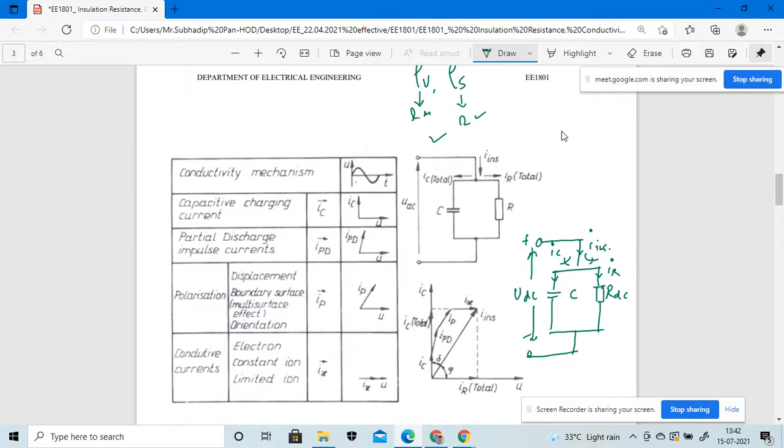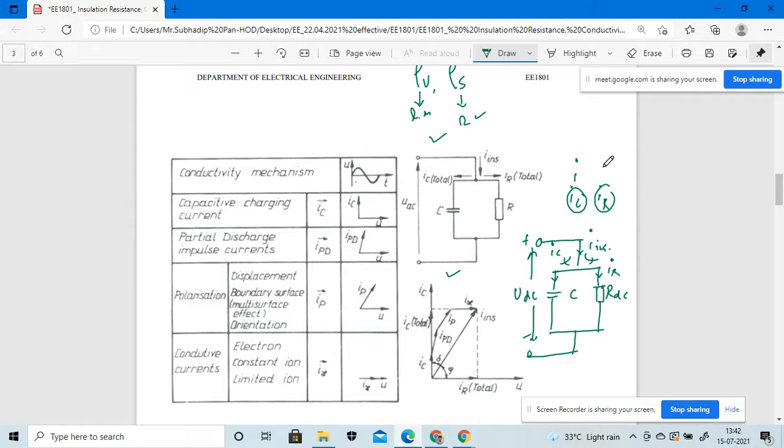So the initial current, or the I total, that flows across this will be distributed across these branches. The current across the capacitor is the capacitor current IC, and the other current across the resistor is the resistor current IR. If I draw the vector representation of the equivalent circuit, it should be like this.